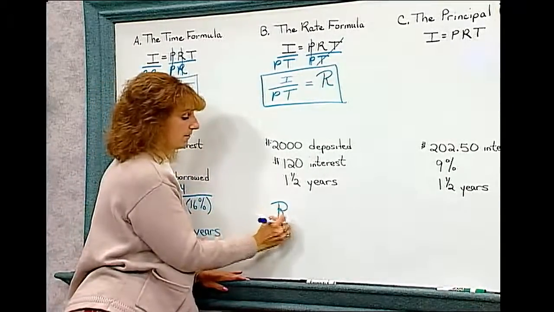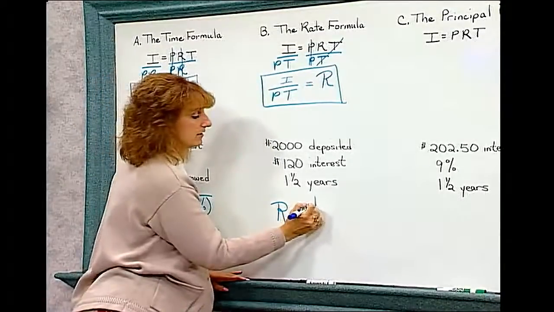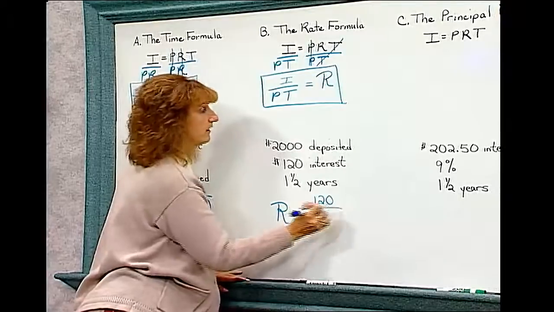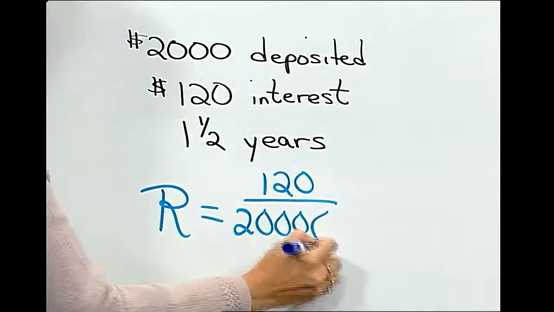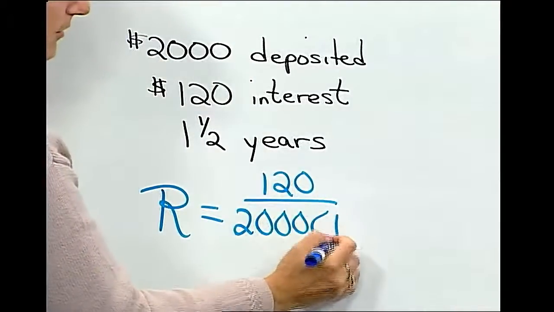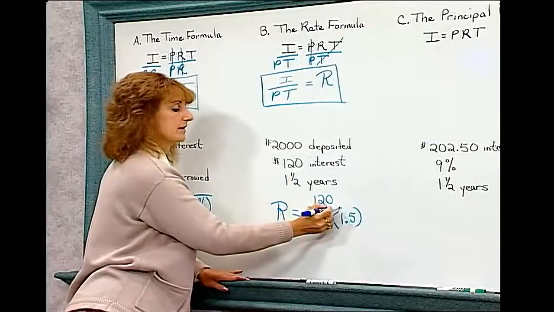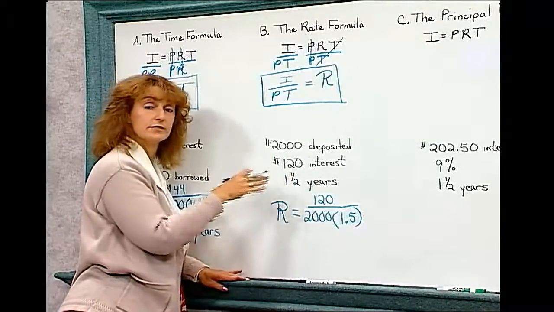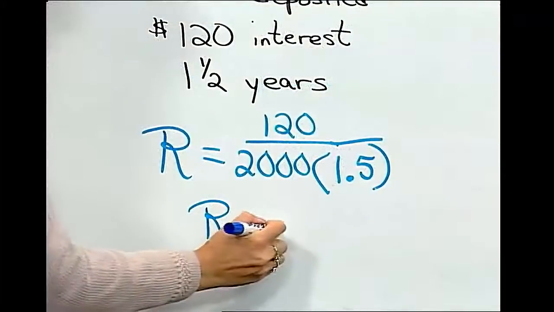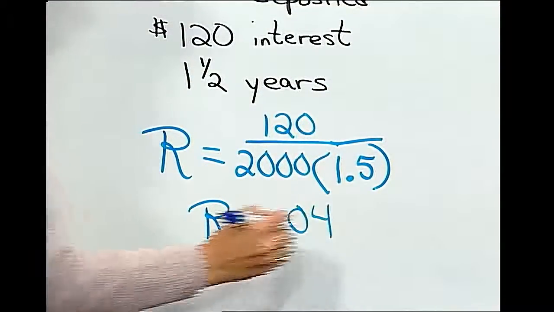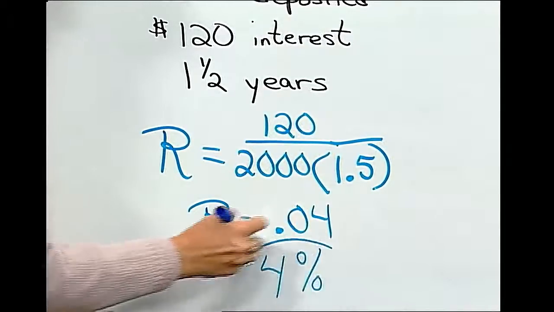We don't know, but we can find out because the interest he earned, 120, divided by his principal times the time, 1.5 years. If we were to solve this problem, whether using the calculator or by hand, your rate on the calculator will come out to be 0.04. Remember, that's 4%.